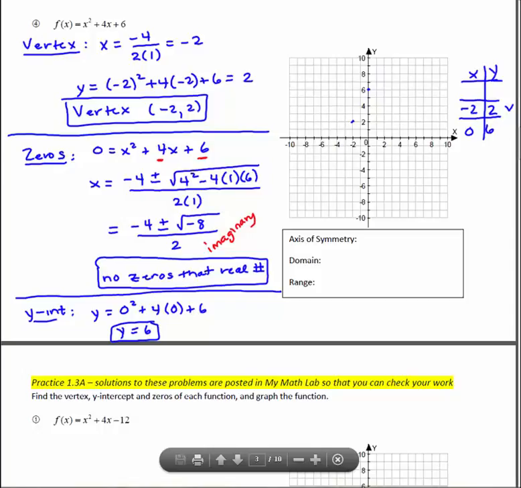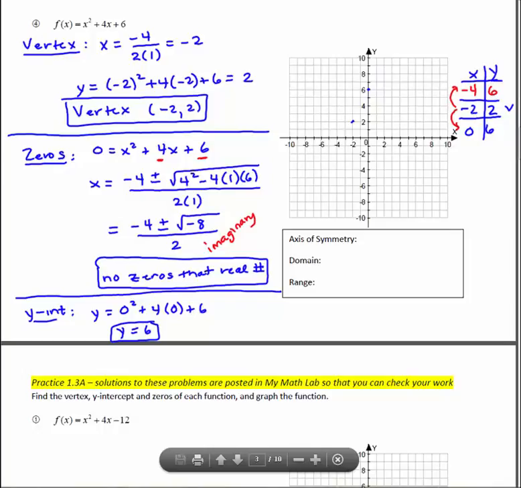And I like to take advantage of the symmetry of the parabola and say, well, from x equals negative 2, I went up plus 2 in my x and got a y value of 6. So if I go down 2 to negative 4 in the other direction, symmetry tells me I should have the same y value, 6 again.